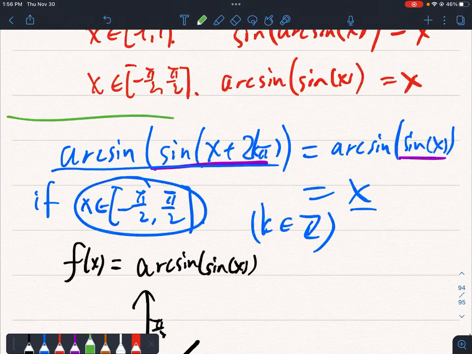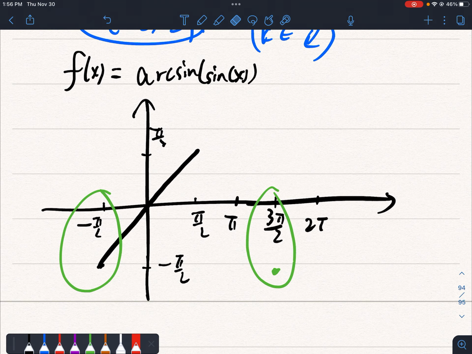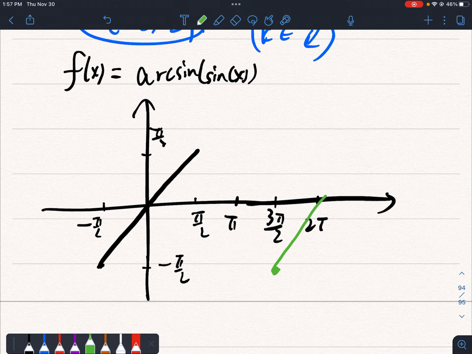So for any value, for example, for the value at 3 pi over 2, this is minus pi over 2 plus 2 pi, right? So when you take k to be 1 and x to be minus pi over 2, it is at the same value. So on the graph, you will have this point.